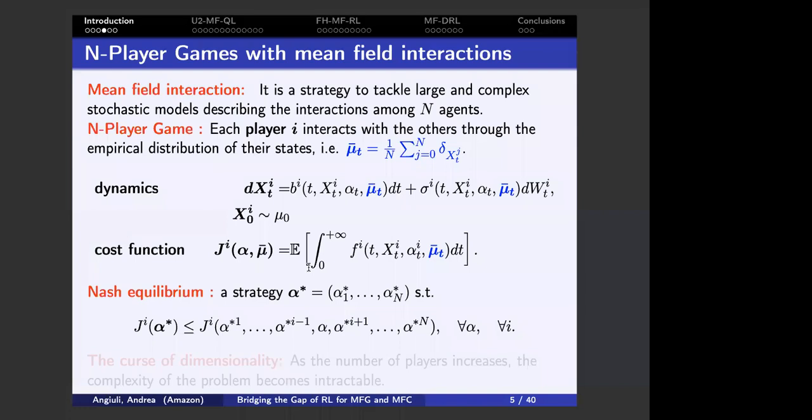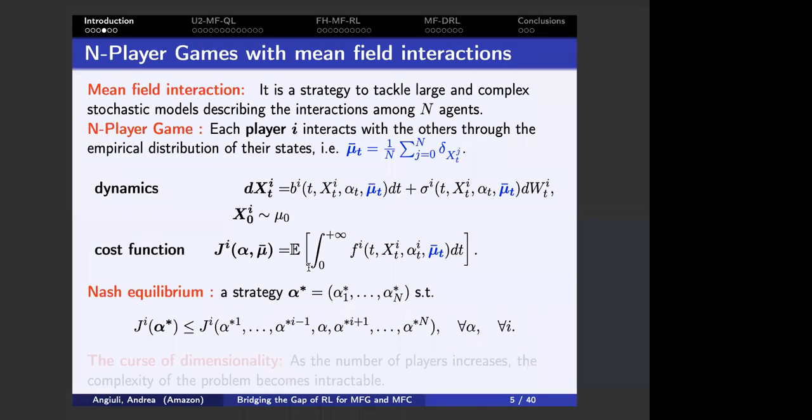The goal in this case will be to find a Nash equilibrium, that is a strategy alpha star such that no agent has an incentive to deviate from it. This is given by the relationship where the cost for agent i, J^i of alpha star, is less than or equal to the cost incurred if all the players follow the strategy alpha star and player i tries to change his own strategy.